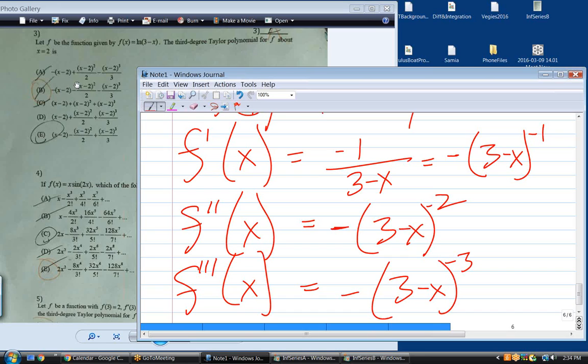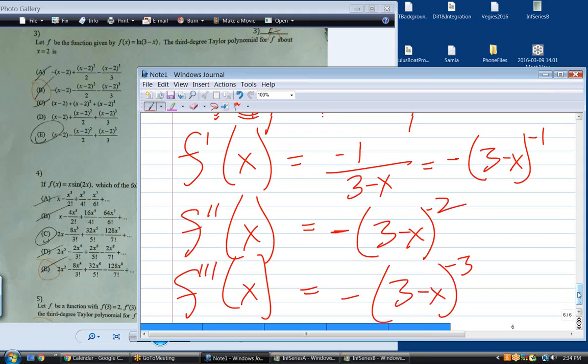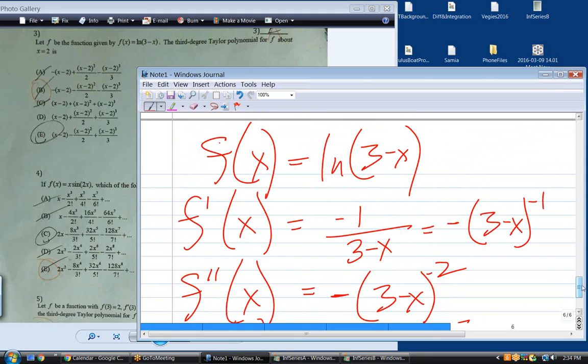So that's how you end up getting B. I think probably the only mistake you made was when you took this first derivative, you didn't multiply it by the derivative of the inside. In other words, you have to apply the chain rule here. It's 1 over 3 minus x times the derivative of 3 minus x, which is minus 1.